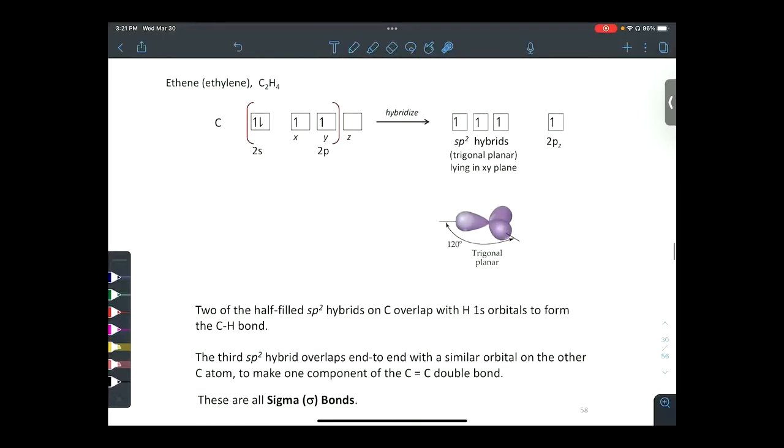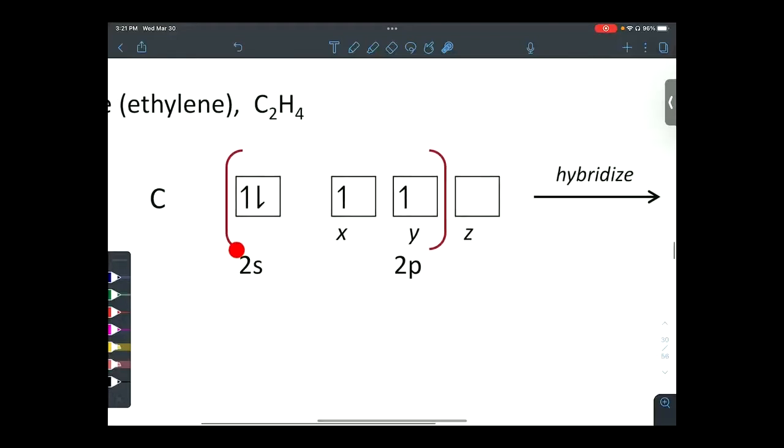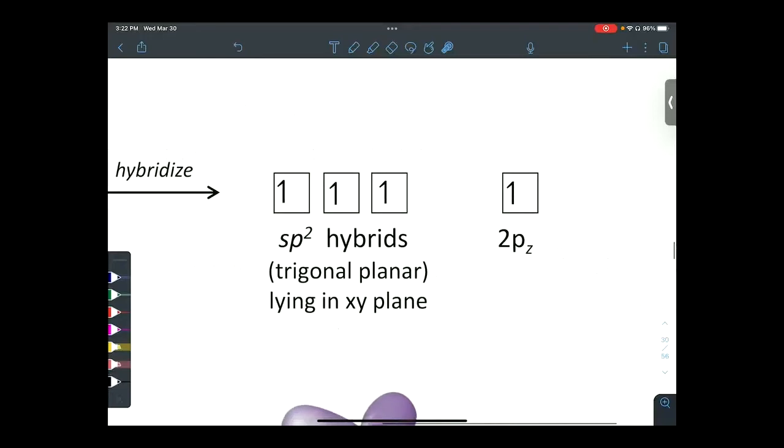Okay, so we said that each carbon, so we need to do this twice, is sp2 hybridized. So there are 3 electron domains. So we hybridize how many atomic orbitals? 3, and that's what we see here, right? We see 3 atomic orbitals that we hybridize. So when we hybridize them, we have a new sp2 hybrid set. See how we have 3 boxes? 3 boxes for 3 electron domains. But then carbon has how many valence electrons? 4. So we need to place those 4 electrons.